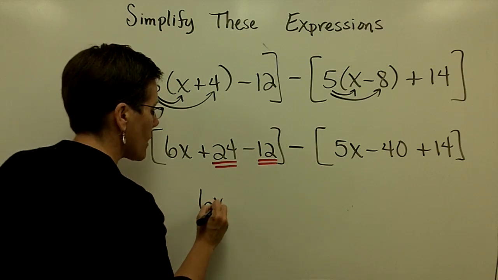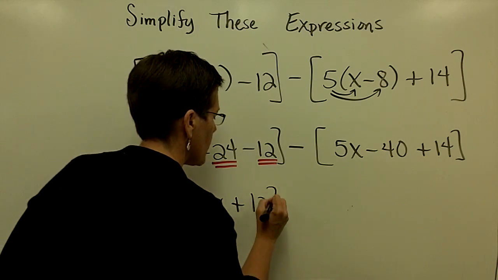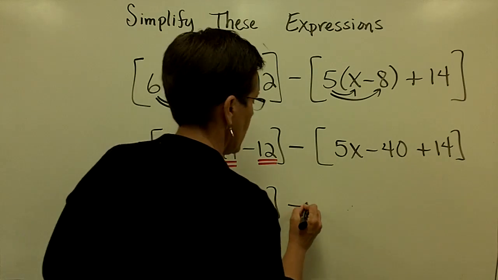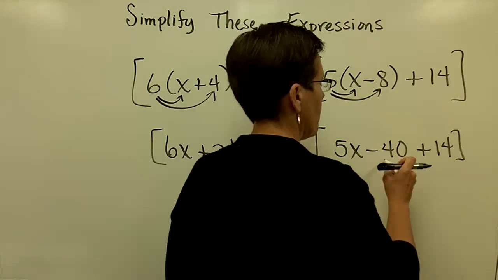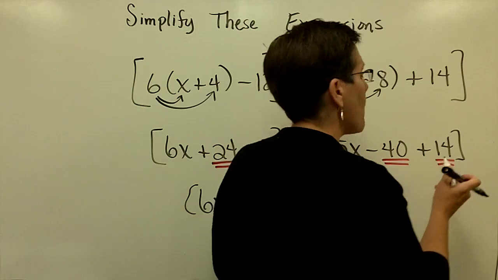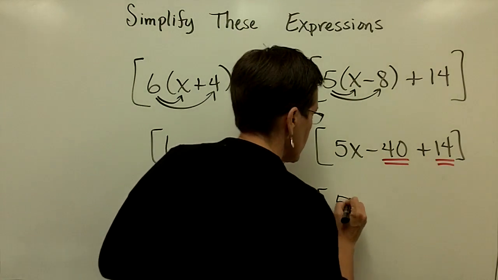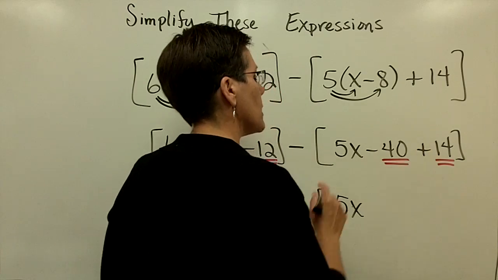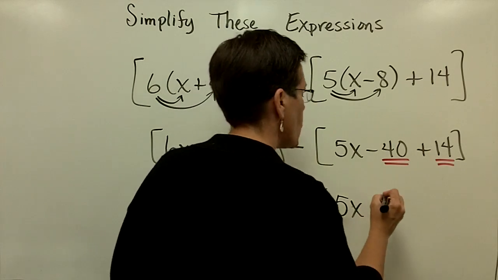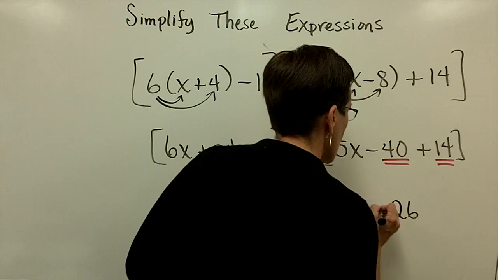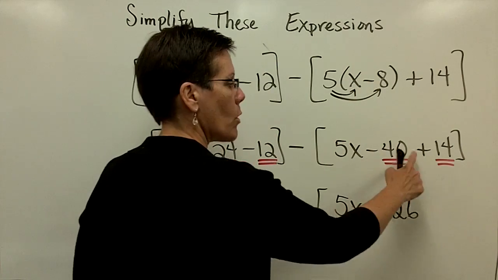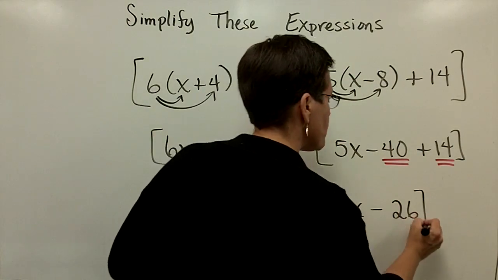So I have a 6x plus 12 in that group. And in this group, this minus 40 and a positive 14 have unlike signs. So a negative 40 and a positive 14, let's see, that would be 26 is their difference, with the minus sign having more pull of these two.